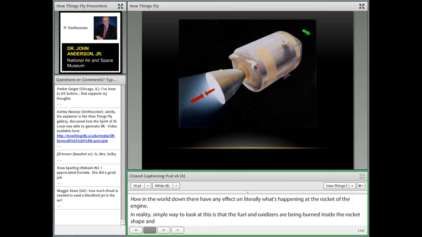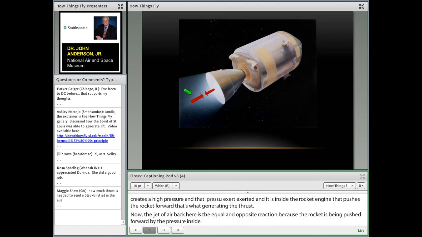Now, the jet of air back here is the equal and opposite reaction. There's Newton's third law. Because the rocket is being pushed forward by this pressure inside, the gas itself is pushed backward. That is the effect of the generation of thrust.